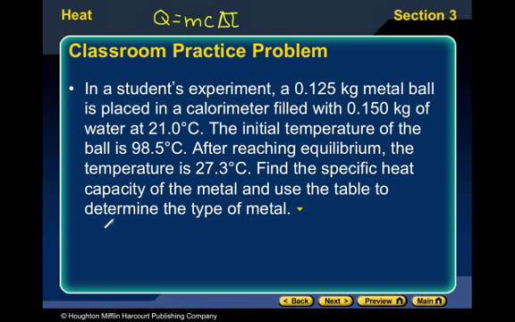So our heat gained is equal to our heat lost. So we can say the heat gained by the water is equal to the heat lost by the metal. So we'll have the mass of the water, 0.150 kilogram, times, what was the specific heat of water?